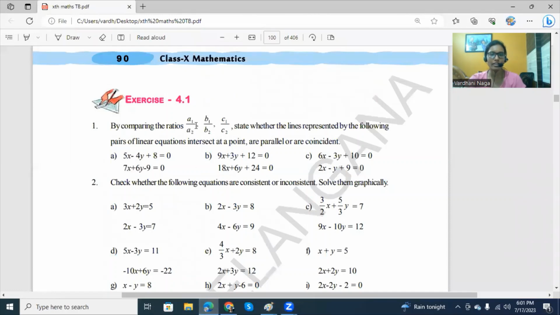Now let's solve the first question. By comparing the ratios A1 by A2, B1 by B2, C1 by C2, state whether the lines represented by the following pair of linear equations intersect at a point, are parallel or coincident.